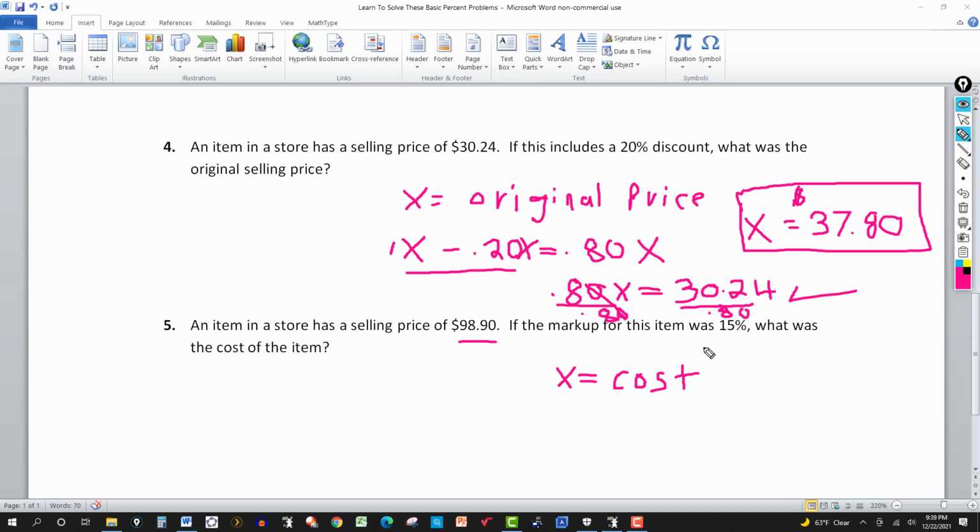Okay, they wanted to make more money on it. What was the original cost, say, that they bought it for? So basically, what you have is you have x plus, and you're marking that up by 15% of what it costs. So it's 0.15x.